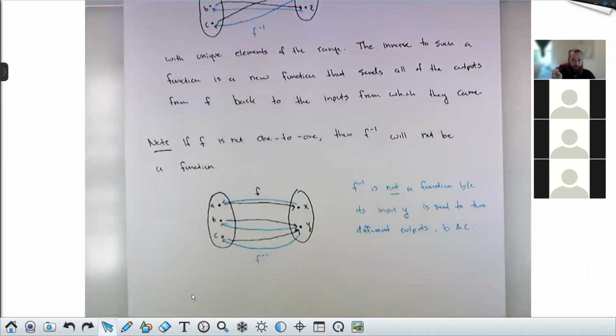So the outputs for the original, f, are the inputs for the inverse, f inverse. So y is an input for the blue mapping, and this input is being forked and sent to two different outputs, which means that the blue arrows do not represent a function, right? Because remember, a function has to send every input to just one output.